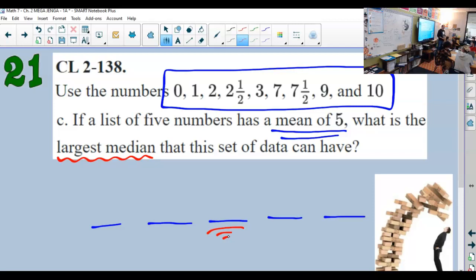So you need to figure out 5 numbers from that list that when you put them together have a mean of 5, average, right? Average of 5. And then what's the biggest number you could put in the middle? So really you want to try to make your list small numbers, big numbers to get a big number in the middle. Oh, hey, look, we have 0.